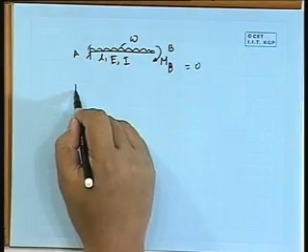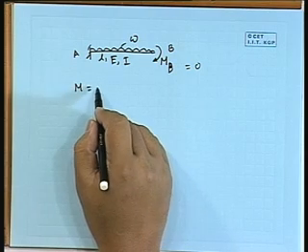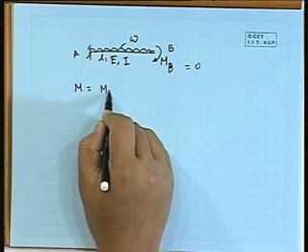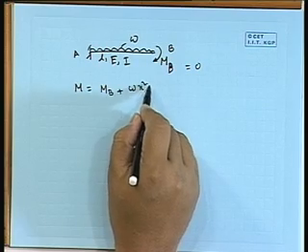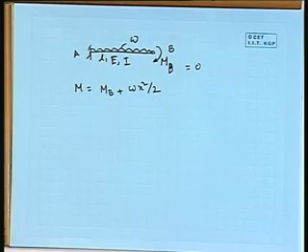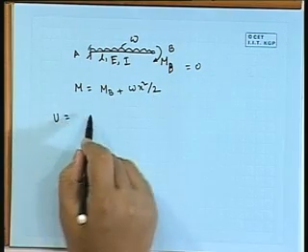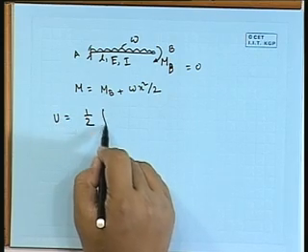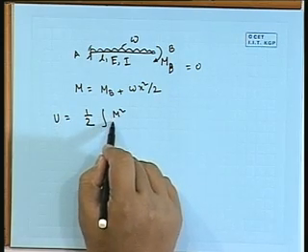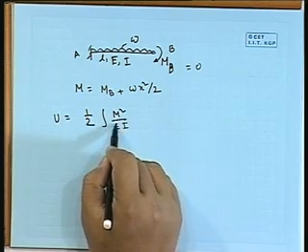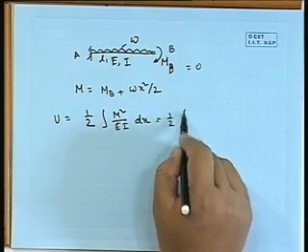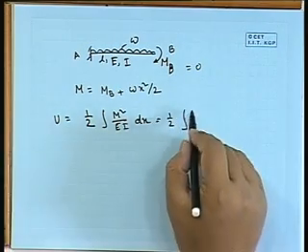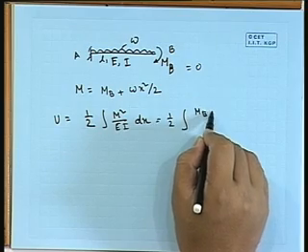So, expression of M at any station, it will be MB, omega. So, your U half, so just write MB.